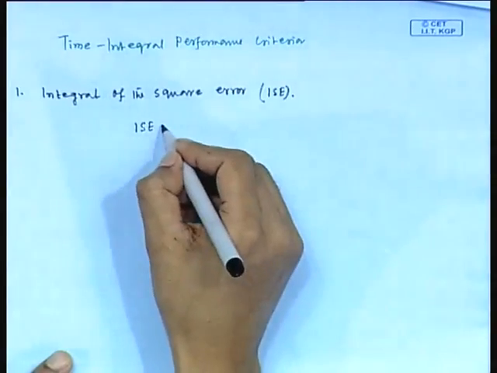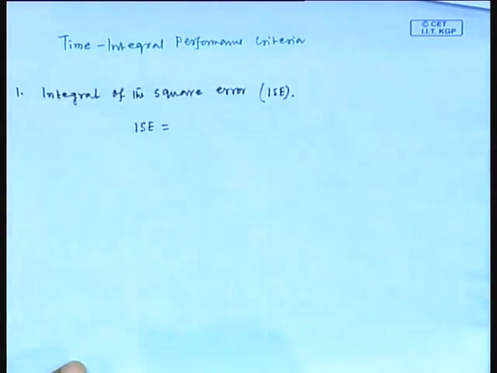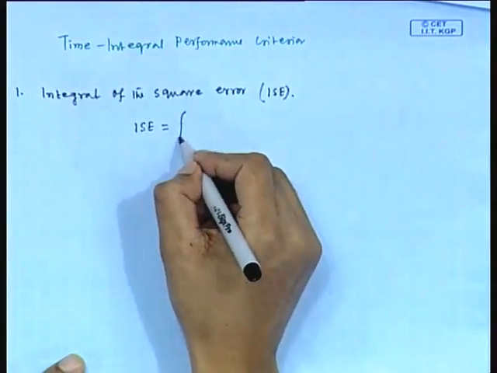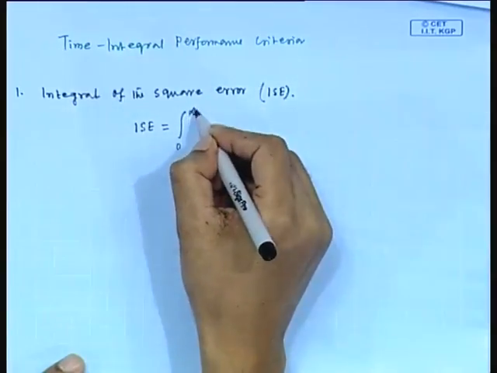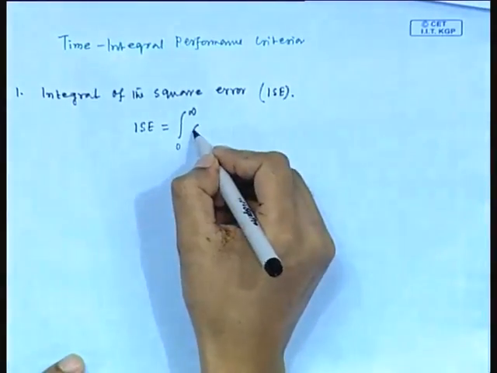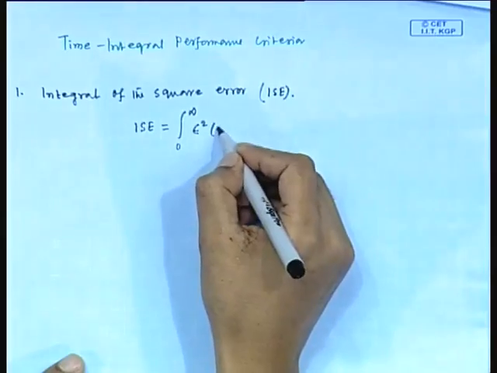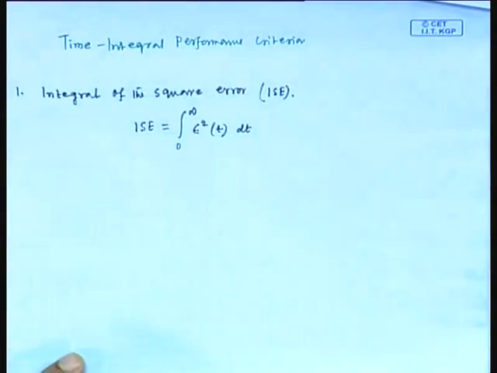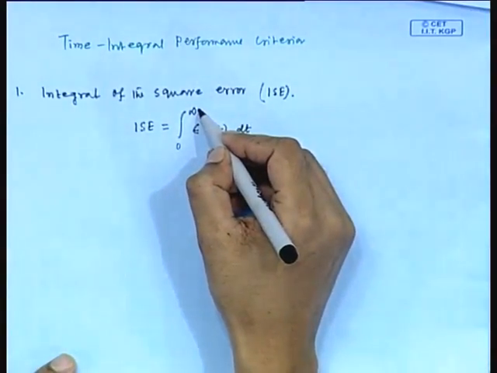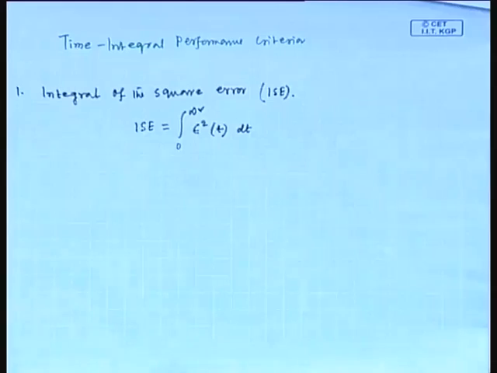It is represented as ISE equals integral from 0 to infinity epsilon square(t) dt. Fine. This is basically not infinity, this is the time period for which or based on which we select the tuning parameters.